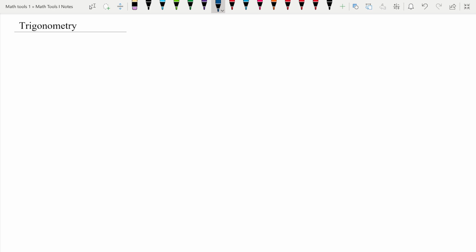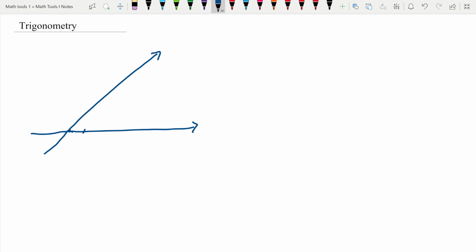So first things first, how do we measure angles? What do we even mean by an angle? Of course we have two lines. It could be two rays, which means lines going in only one direction, or it could be actual lines, and maybe they intersect at a point. It doesn't actually matter.